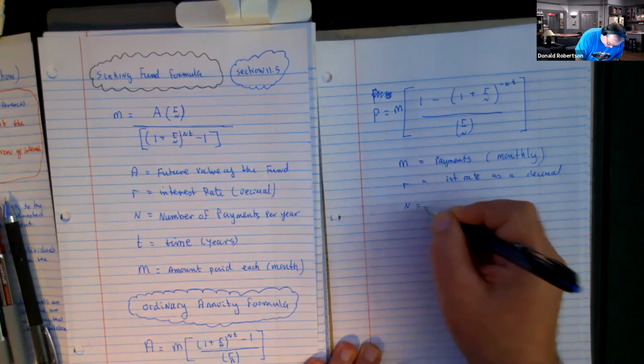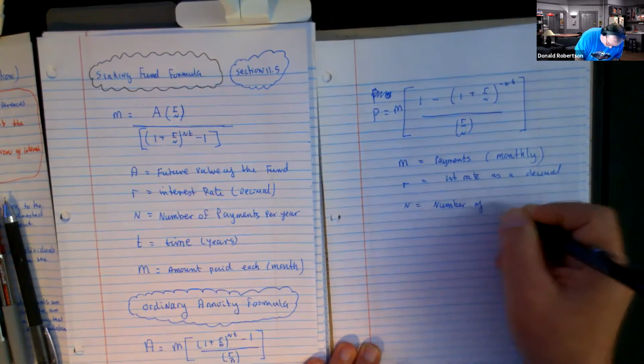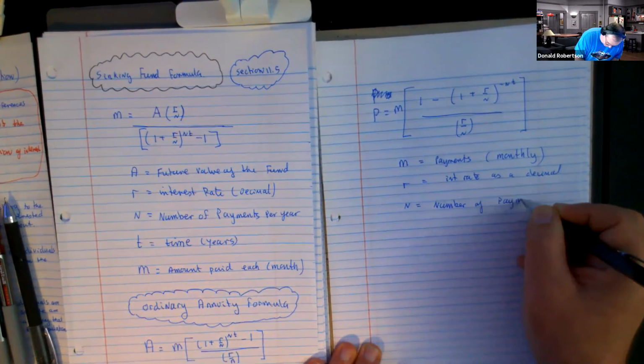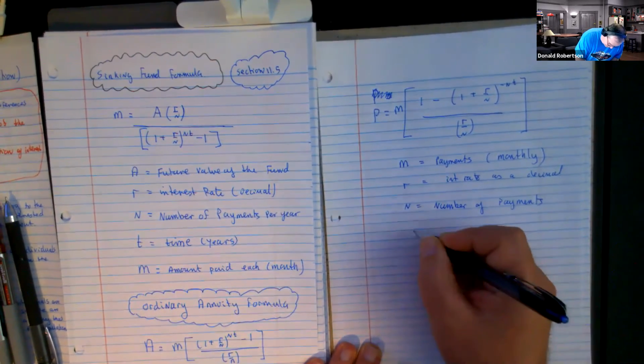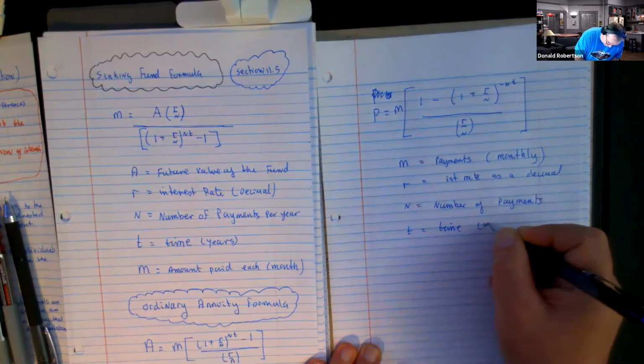N is going to be the number of payments. T is going to be time in years.